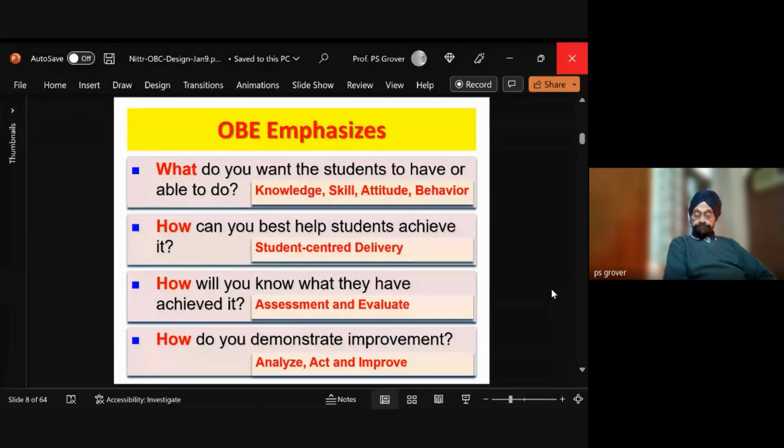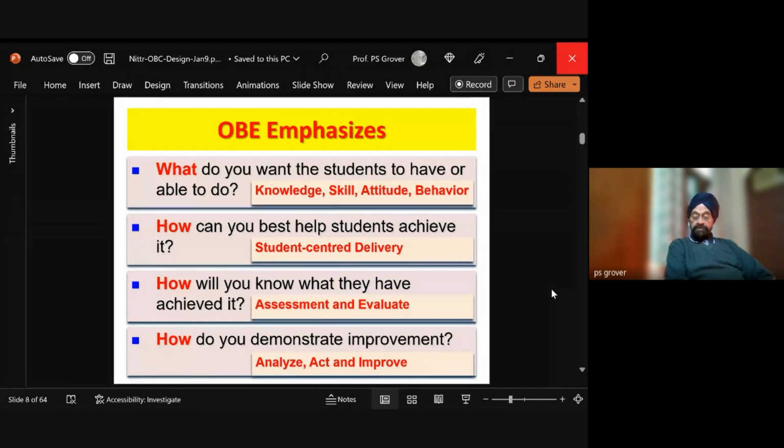In fact, a student-centric delivery, a student-centric approach. How will we know what they have achieved? That means our assessment and evaluation. Assessment and evaluation are two different things in the realm of outcome-based education. Assessment is collecting the data.